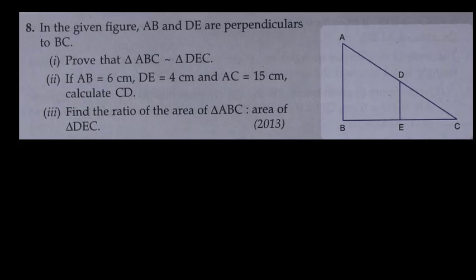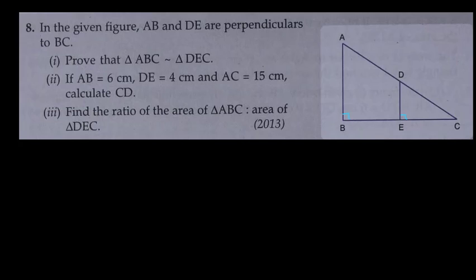Now the eighth problem. In the given figure, you have this diagram. AB and DE are perpendicular to BC. It is seen that they are perpendicular, so here it is 90 degree, 90 degree. First, you have to prove that triangle ABC and triangle DEC are similar.